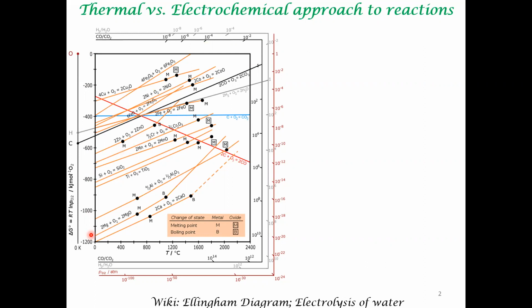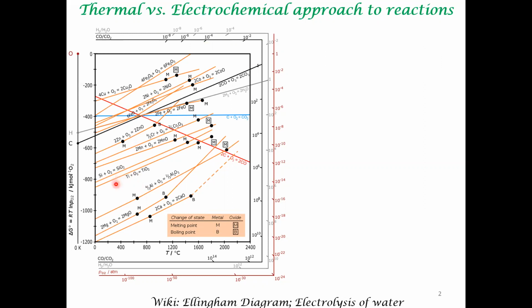the free energy of oxidation of elements. For example, if you take this particular line, this quantifies the oxidation of titanium into titanium dioxide at different temperature. You can interpret different oxidation values for oxidation of different metals based on their electronic configuration.